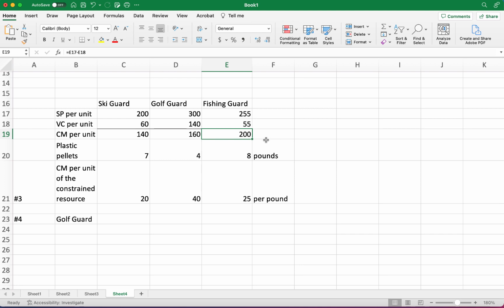But when we factor in the constrained resource, in this case the plastic pellets, the fishing guard provides us a $25 contribution margin per unit of the constrained resource. The golf guard, in this case, provides us with a $40 contribution margin per unit of the constrained resource. Okay? So that, my friends, is how we do a volume trade-off decision.